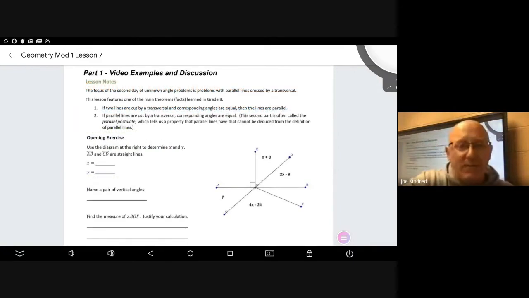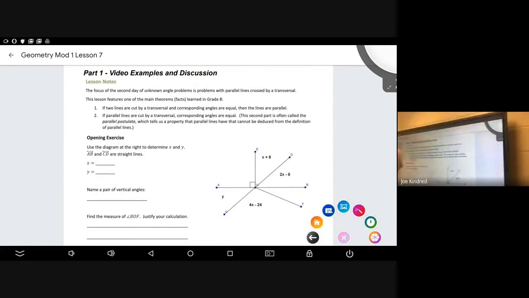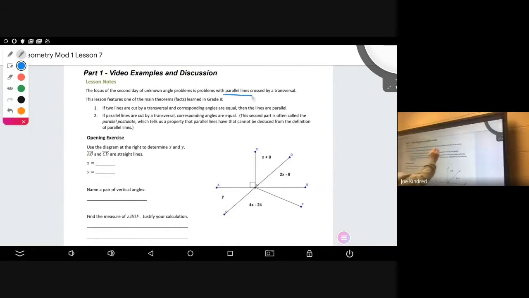Okay, here we go. The focus of today's lesson is, again, trying to determine and find the unknown angles. So we're going to focus today on the concept of parallel lines that are crossed by what's called a transversal. So you're going to hear me talk about parallel lines today, and this idea of what is a transversal.